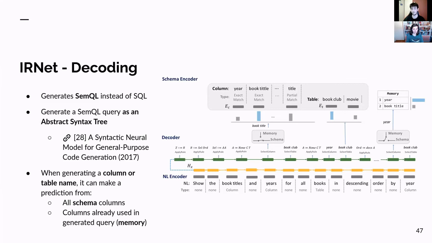And this is very useful if we take into account that when we're generating a having clause or an order by clause, we want to use columns that are already present in the query, and we don't need to find new columns.